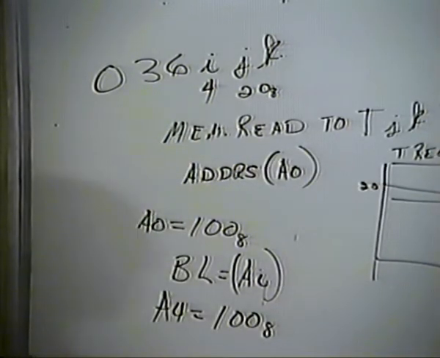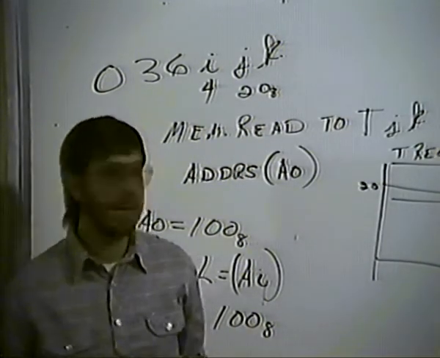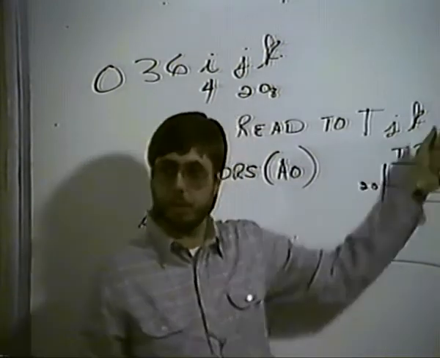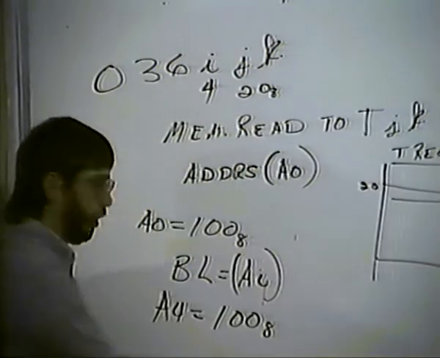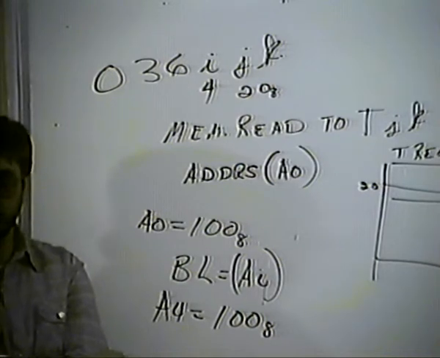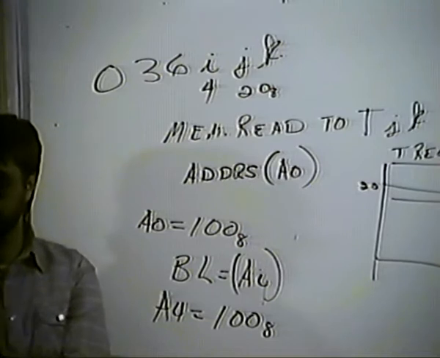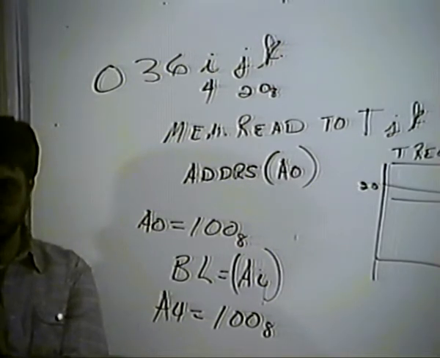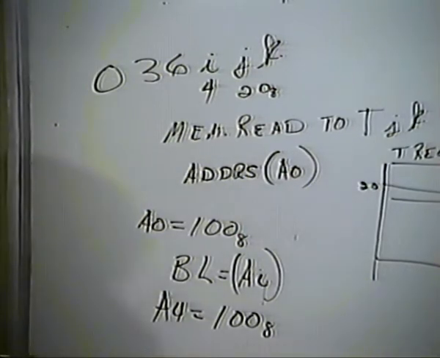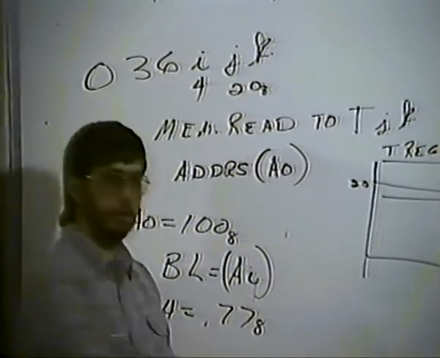What does that mean? That means we're going to take this block length, and every time we transfer one word out of memory and put it in a T register, we're going to subtract 1 from it. As soon as we get it down to 0, we'll stop. Well, if that's the case, we better make our A4 equal to 77 then, huh?